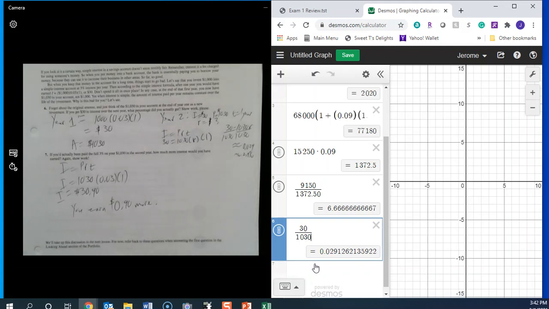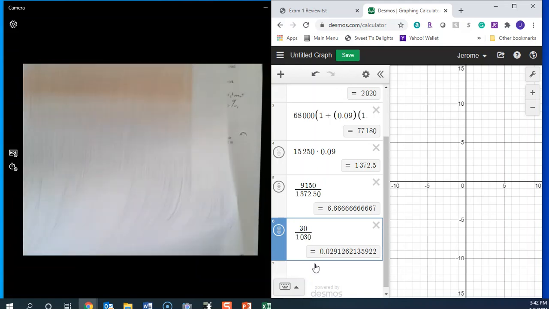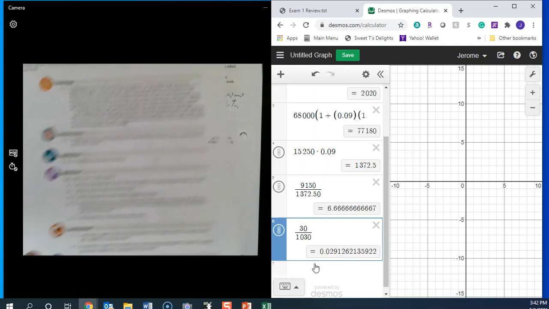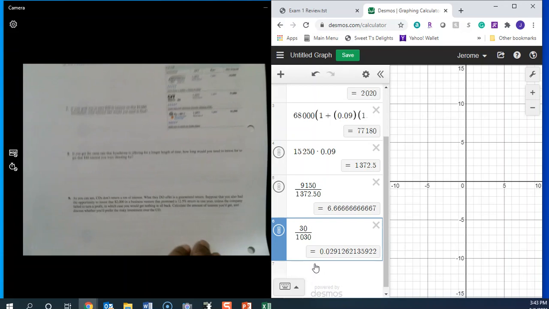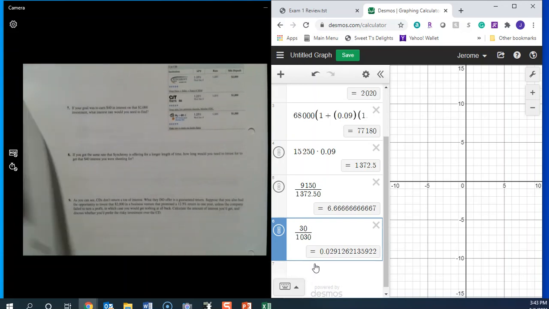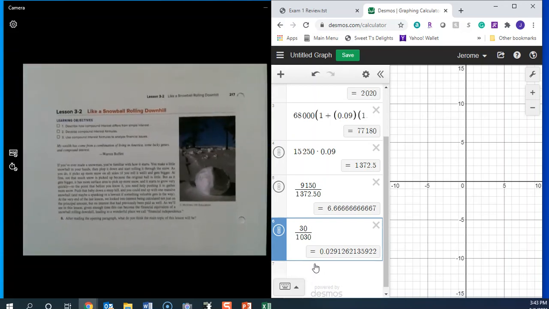Okay, now we're moving on. So that is basically it from this lesson. This is 3.1. Now we need to move on to 3.2, which starts on page 217.